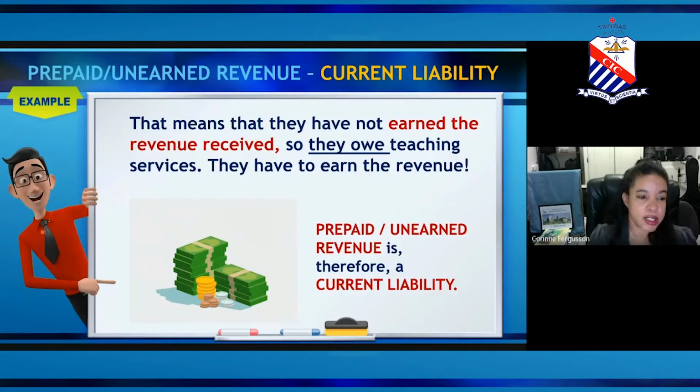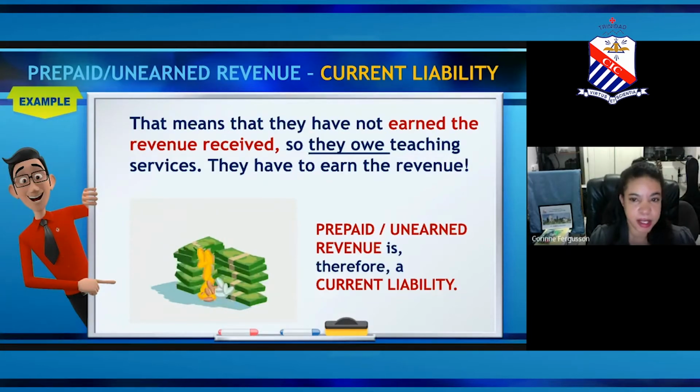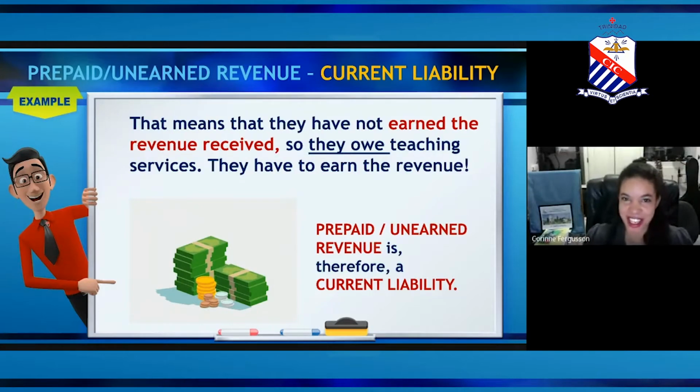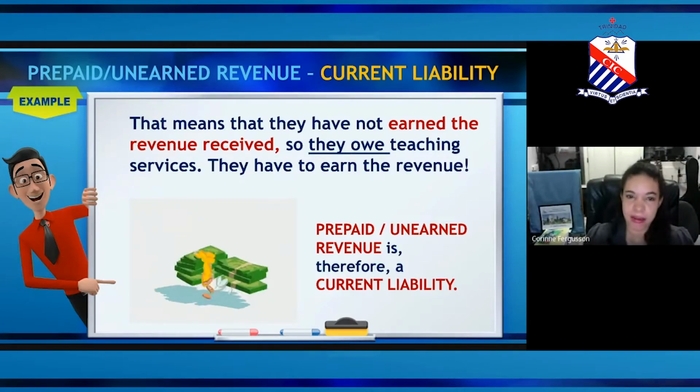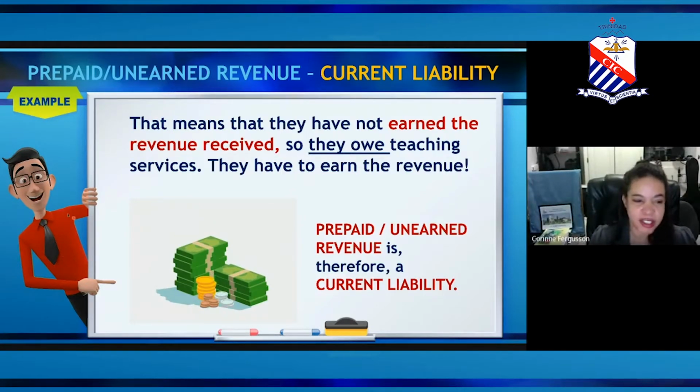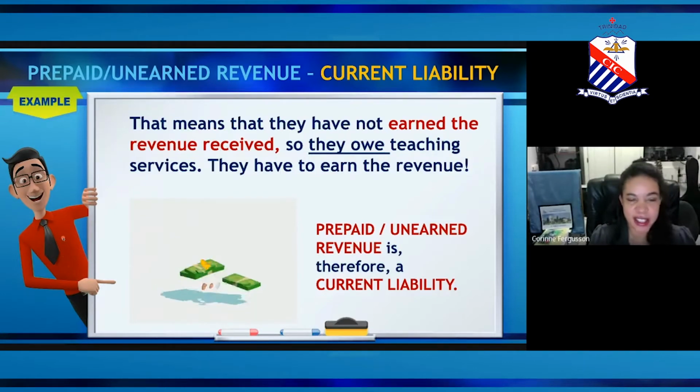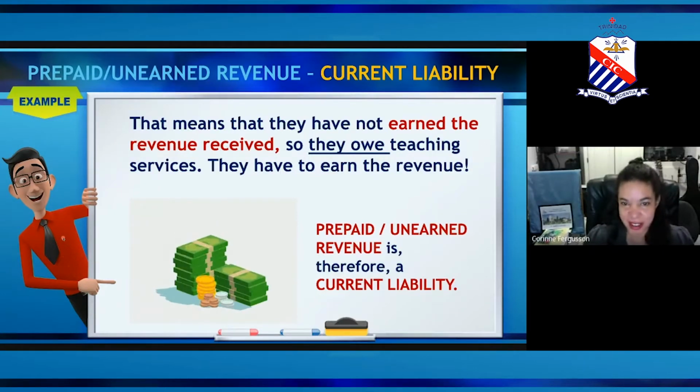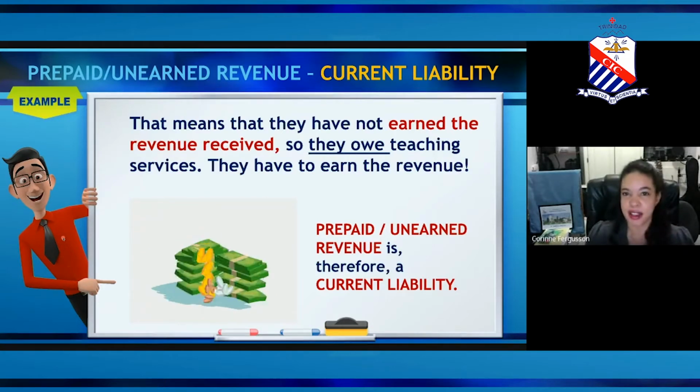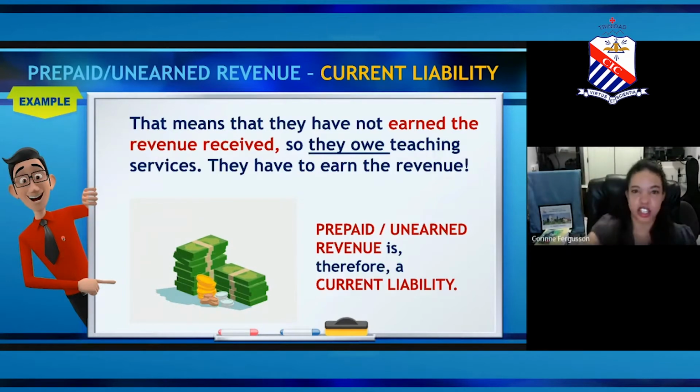Now you'll notice that I had my poor lessons teacher. He was wearing green before. I put him in red to represent it. It is not him, the lessons teacher, that is a liability, yeah? People, the only reason I put him in red is because he is receiving the money before he earns it. So he represents the unearned revenue, the current liability.